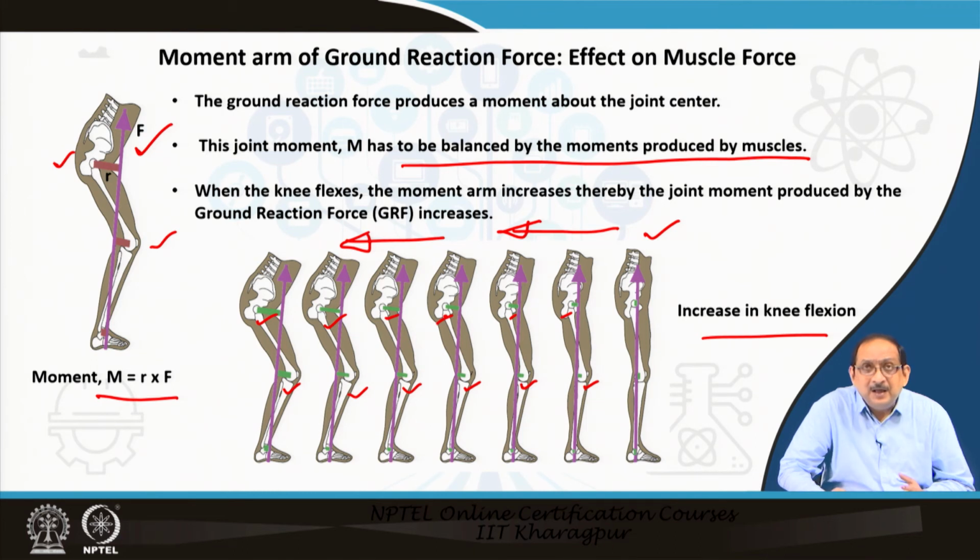This means that the net moment due to the ground reaction force is increasing, which needs to be counterbalanced by, say, the quadriceps muscle forces, which will come into play to counterbalance the ground reaction force moments for a particular knee flexion.